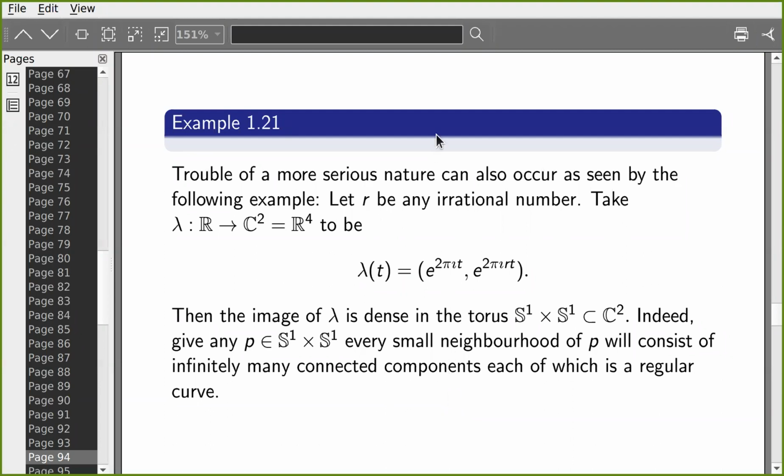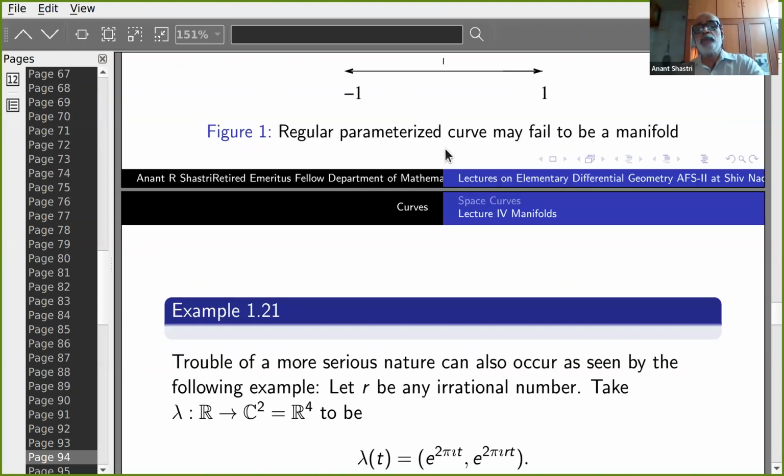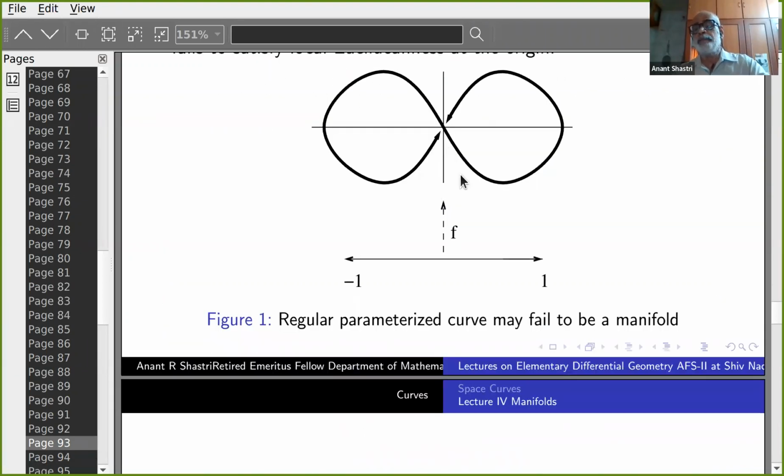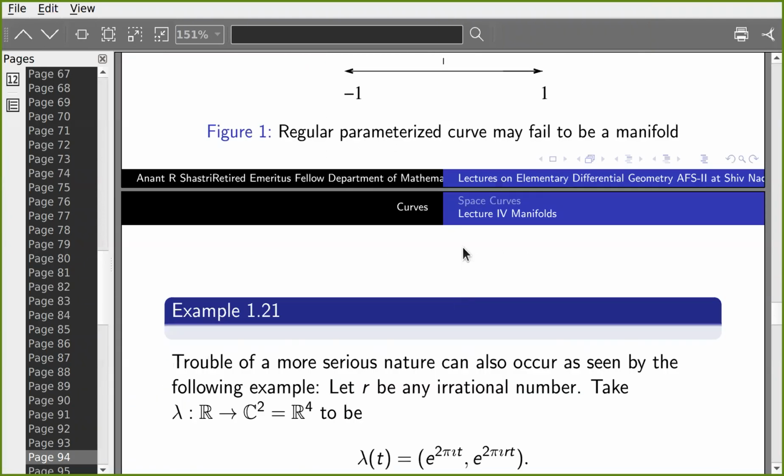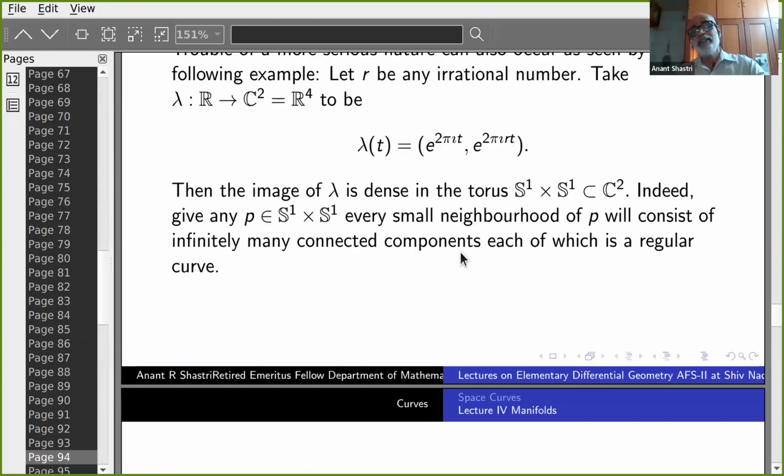In the earlier example, the inverse image of an open subset had only 3 components. Here, there will be infinitely many components, and this will happen at every point. So there is no chance of making any good study of such an object.